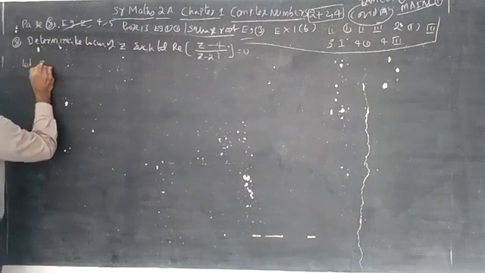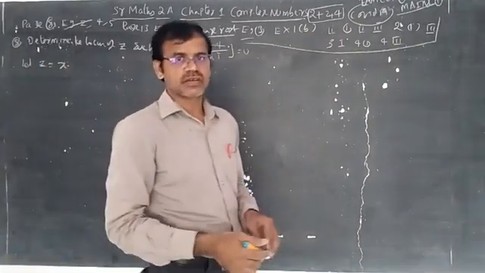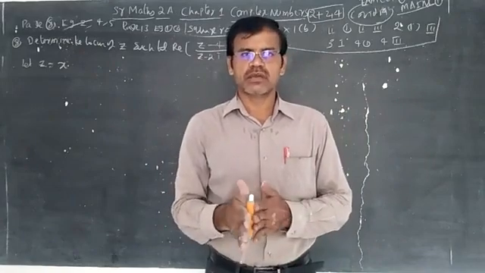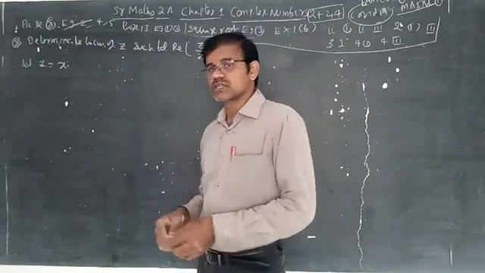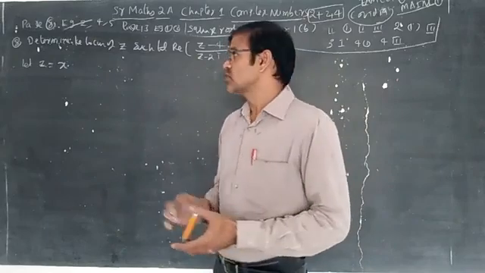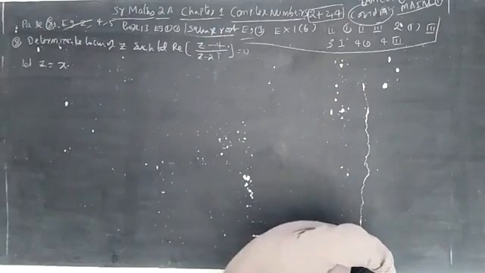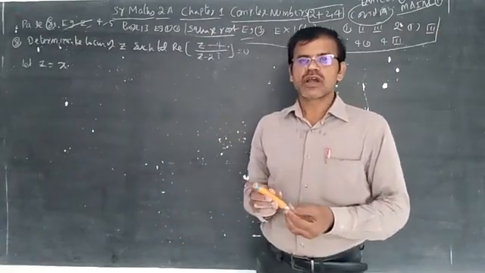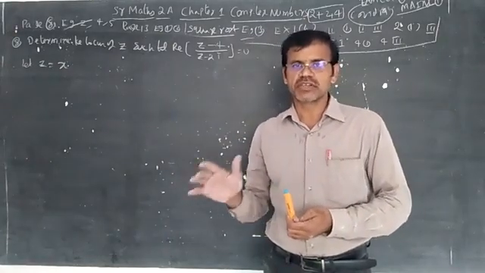Let Z be equal to x plus iy. If it is not mentioned that the complex number is in the form a plus ib or x plus iy, you can understand that Z is equal to x plus iy in the concept of locus chapter. In the first year locus chapter, to calculate the locus of the given conditions, we took let P(x, y) be any point in the locus.